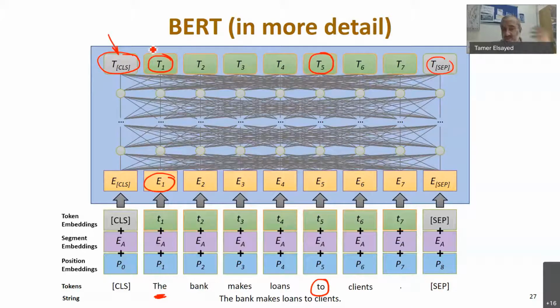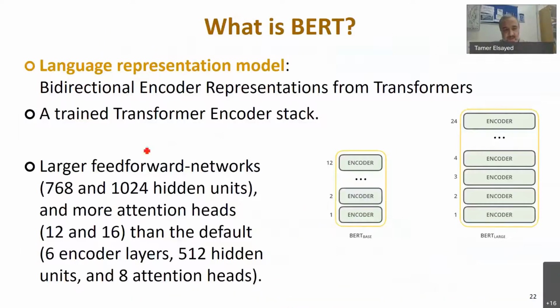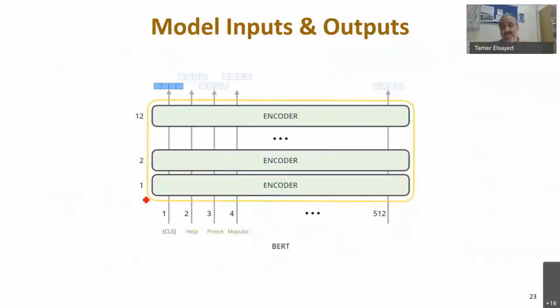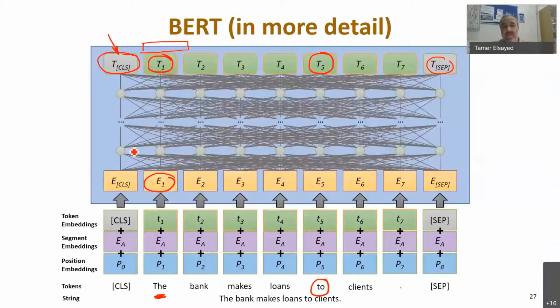Again, if you don't remember, the embedding is just a vector, not very high-dimensional, but in BERT base it's 768 dimensions. In BERT large, it is 1024 dimensions. So this is what we get out of BERT.